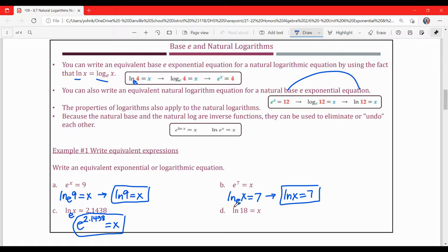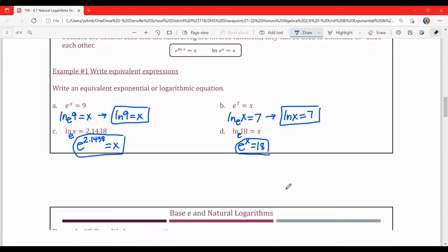If I look at letter D, ln 18 equals x, there's a little e right here. And so I can say e to the x equals 18. So again, this page is just reminding you that ln and e go together. So if you want to undo ln x, you can use an e. If you want to undo e to the x, you can use an ln x.